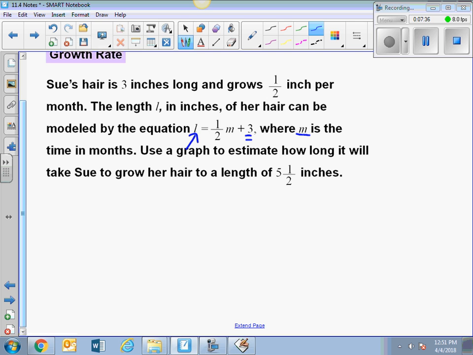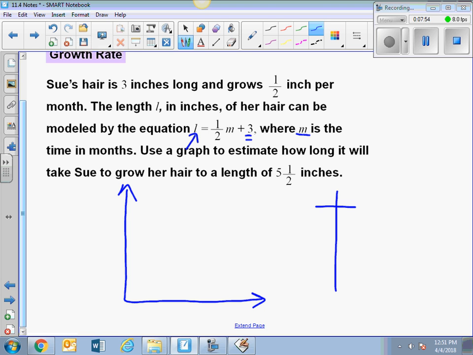We want to keep this to the first quadrant, because everything in the first quadrant is always positive. So we need to make a table of values.